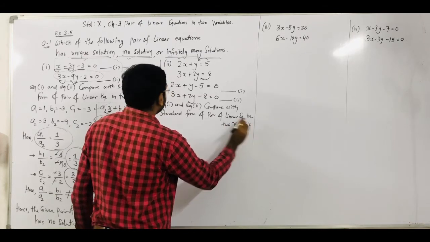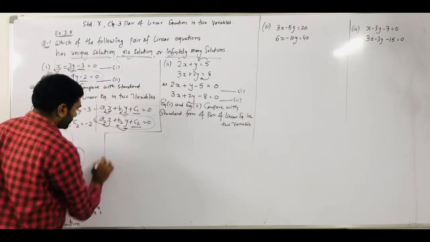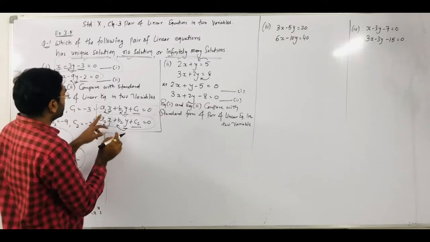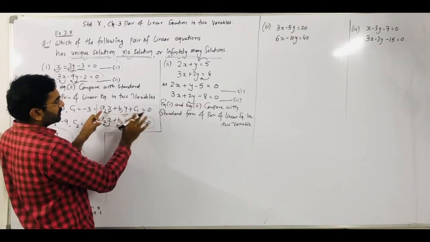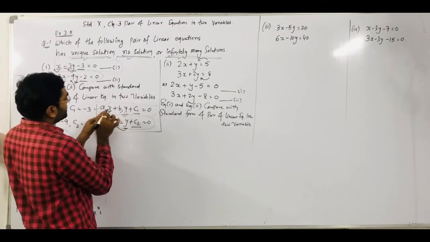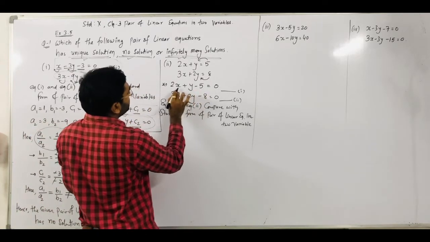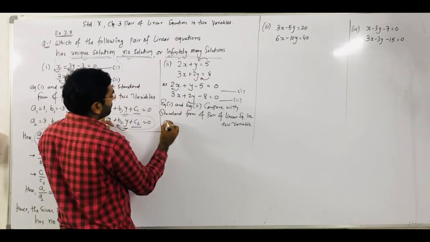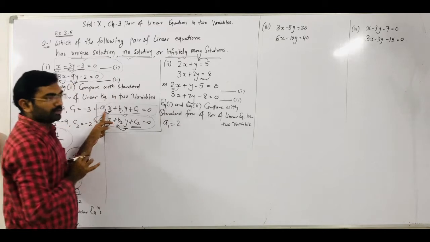So again I repeat that. Observe here. This is the standard form of the first equation, in which the x coefficient is a1. In the given equation, the x coefficient is what? 2. So the a1 value is 2.